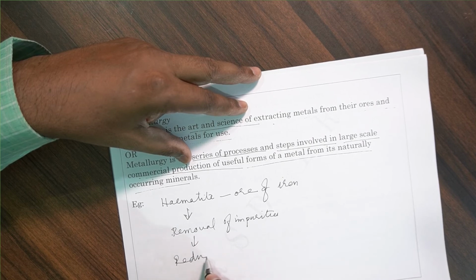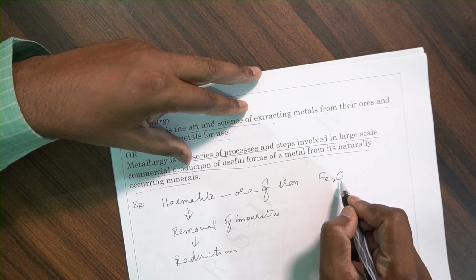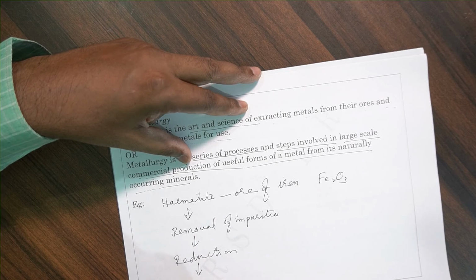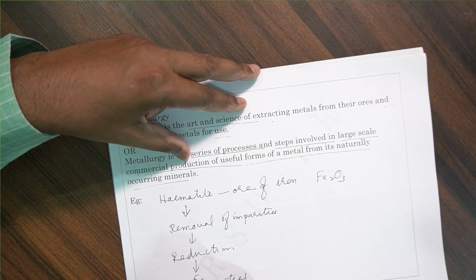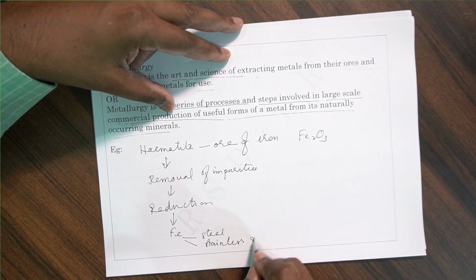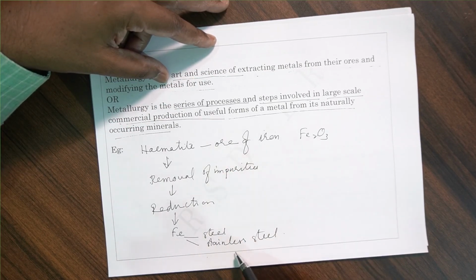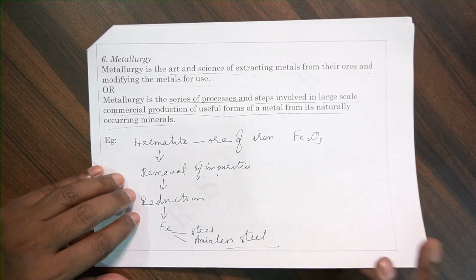Reduction is done. Reduction, because hematite is Fe2O3, so it is an oxide. So it is reduced to get iron. This iron is converted to steel, okay, and other useful forms, okay, stainless steel, etc. So these are useful forms. So from the ore to the useful form of the metal, all the processes involved, that is called metallurgy.